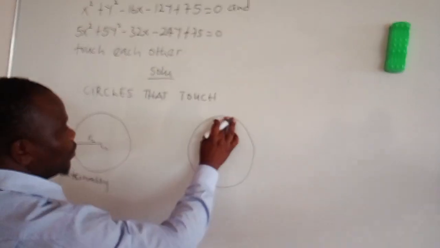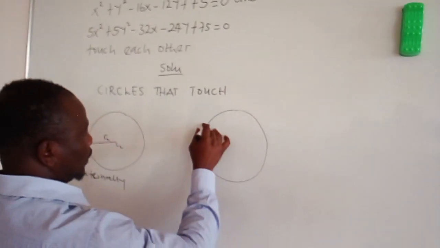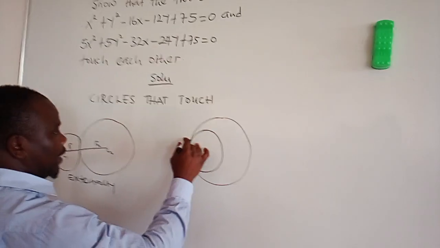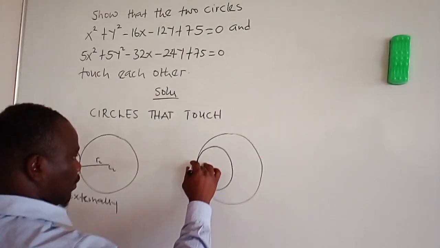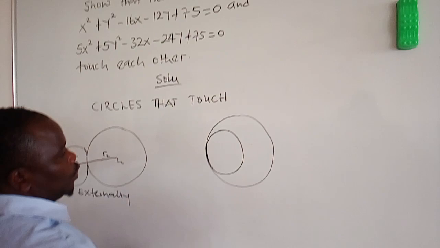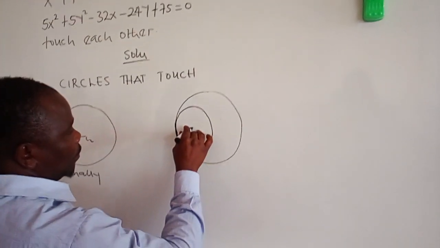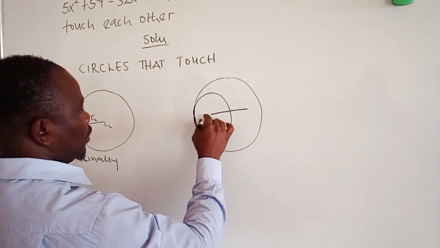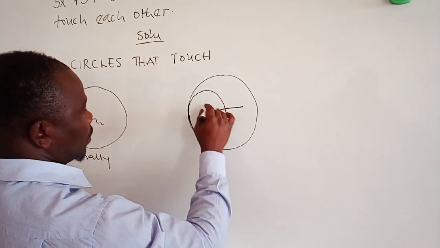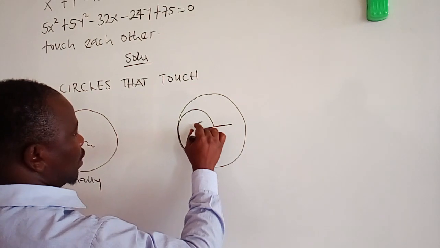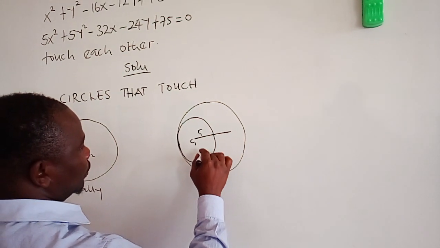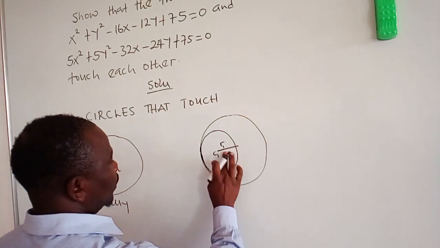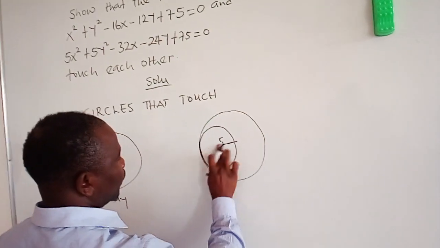another circle that touches inside. From the center to here, this is C1, this is R1. Let's have it this way.